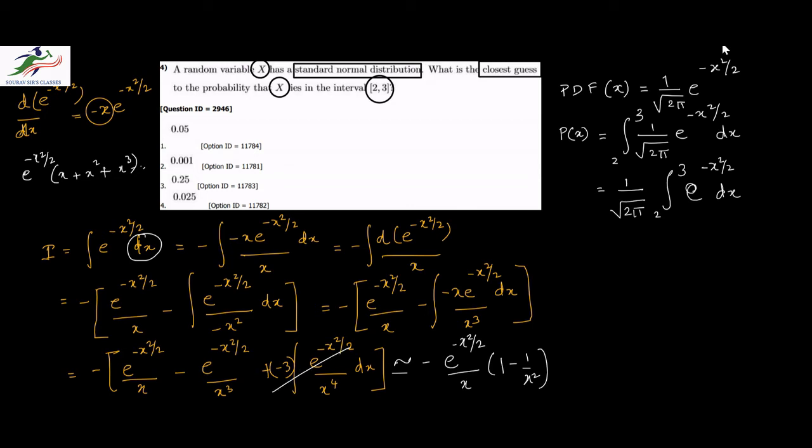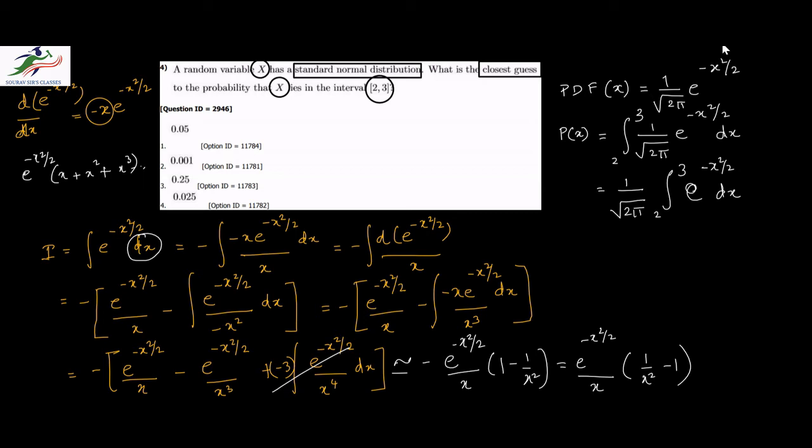So this is e to the power minus x square by 2 over x into 1 by x square minus 1. This is the final form of the integral.